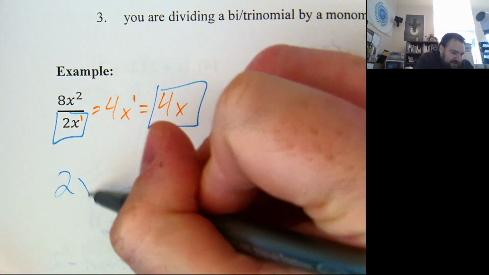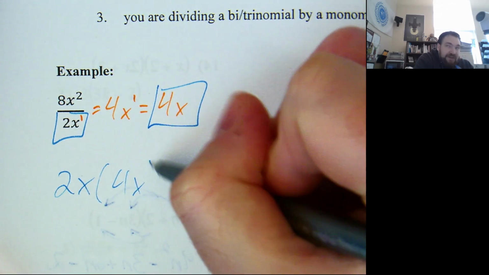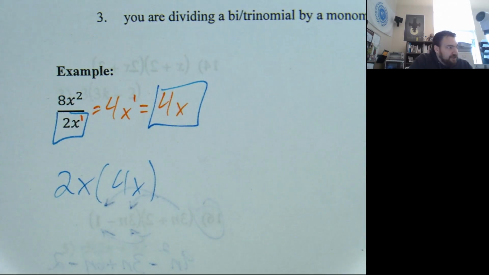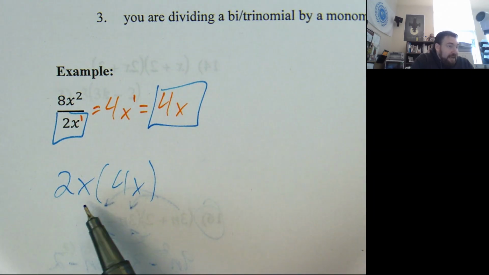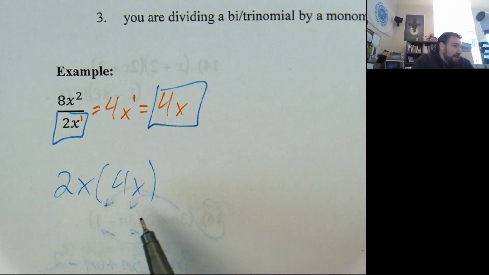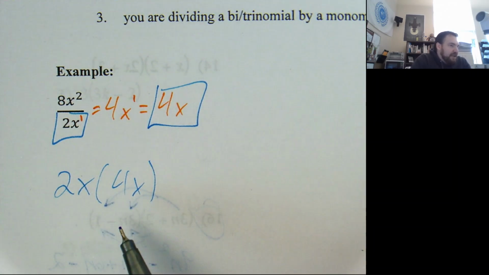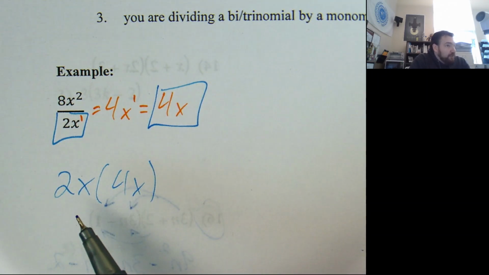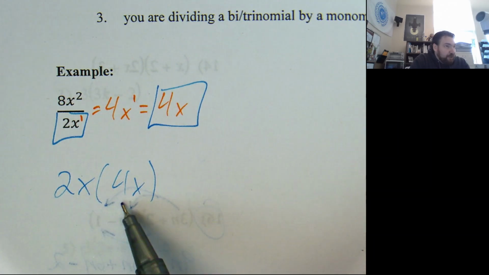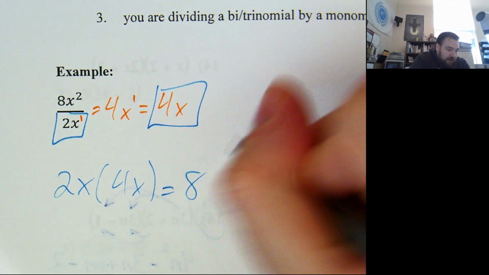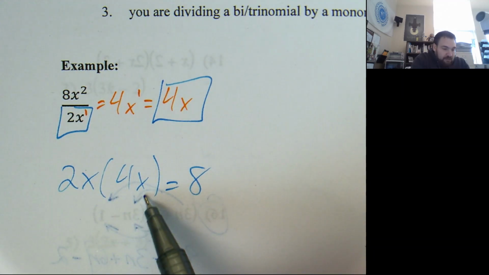So let's do this. What is 2x times 4x? How do we multiply polynomials together? Well, there's only one term here. It's not like there's a lot of distributing. If it's just one term times one term, yeah, you multiply the corresponding pieces. 2 times 4 is? X times x is?